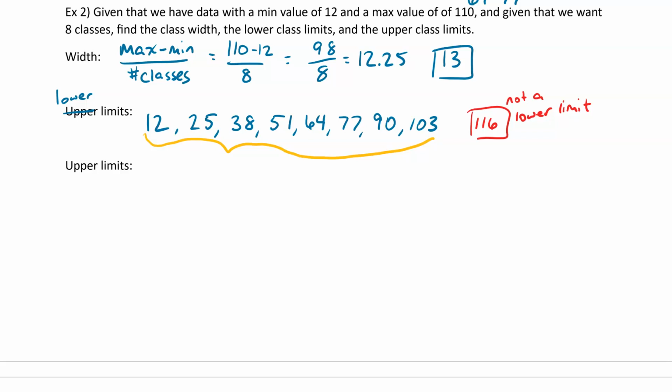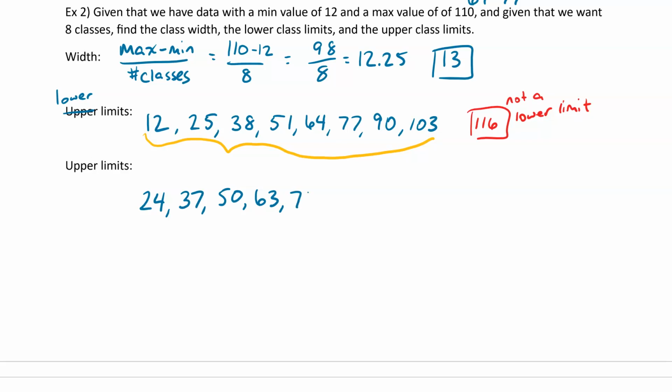All right, so for those upper limits, we're going to start with the 25 and subtract 1 from it. That'll get us to 24. Then subtract 1 from the 38, get 37. From the 51, get 50. From the 64, get 63.